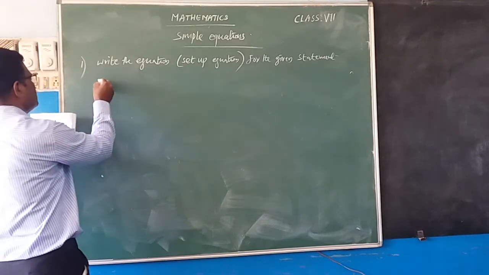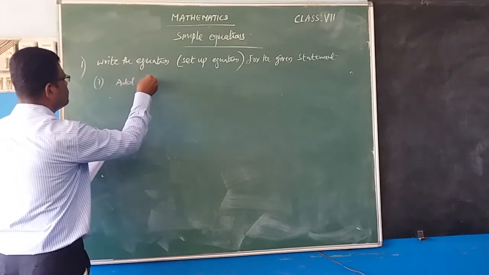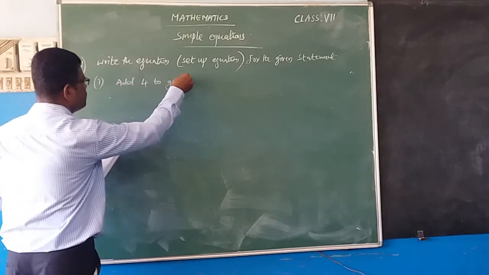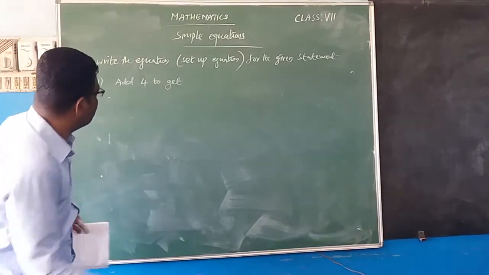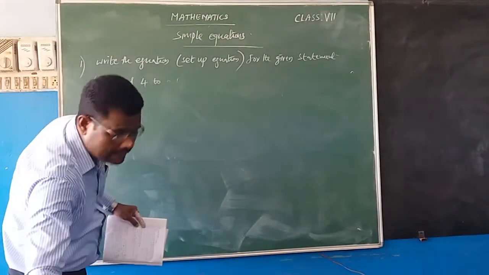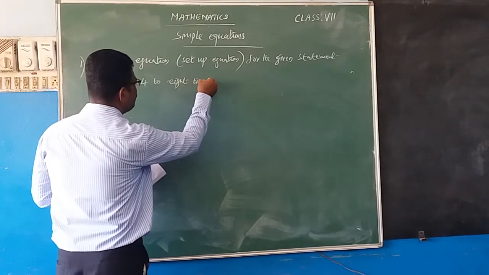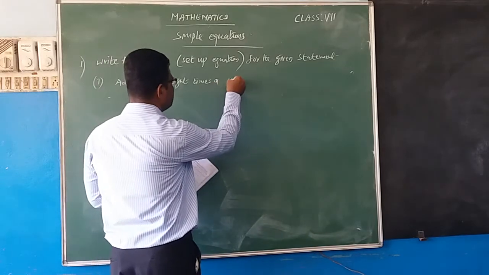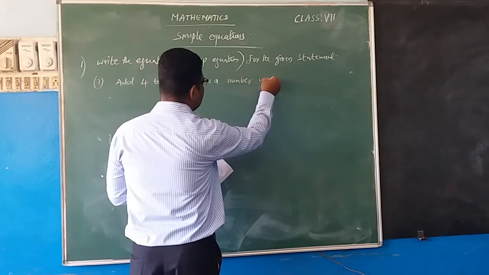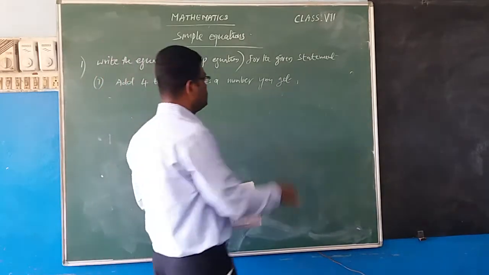this. In the first question: add 4 to 8 times a number, you get 60.